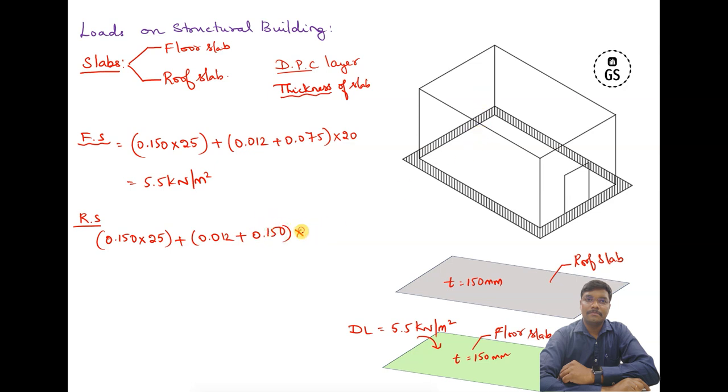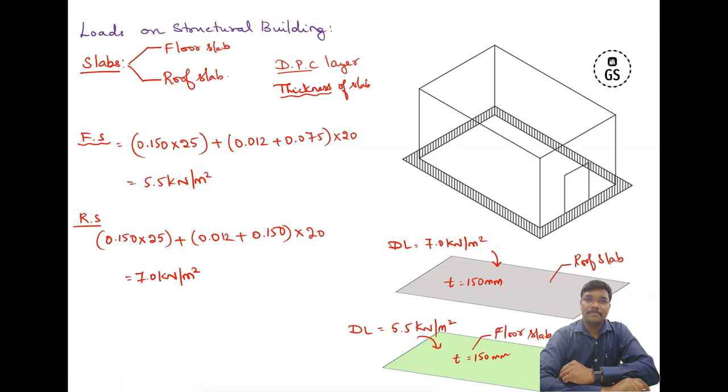So multiply with again 20. Now calculate this, you will be coming out with the value 7.0 kilonewton per meter square. So this is the total dead load which is acting on the slab, 7.0 kilonewton per meter square.